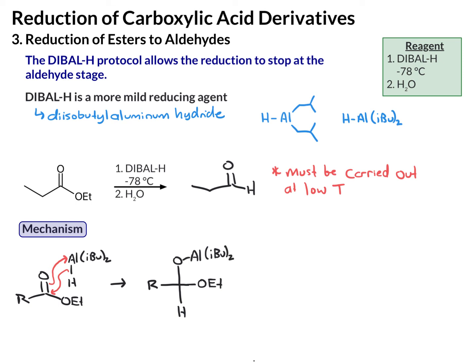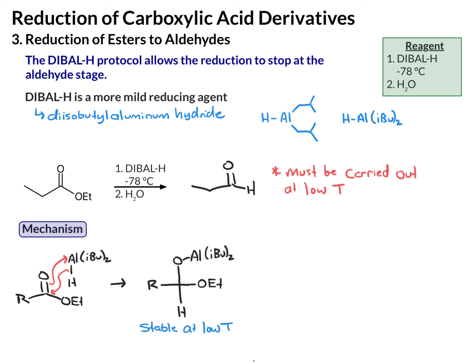Alright, so we get to this, and this is different than the O- tetrahedral intermediate that we get in the other reductions. This is stabilized by the aluminum, and this particular tetrahedral intermediate is stable at low temperature. And that's actually the whole key to this.